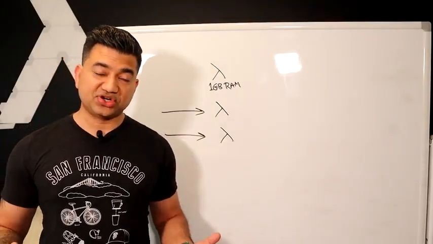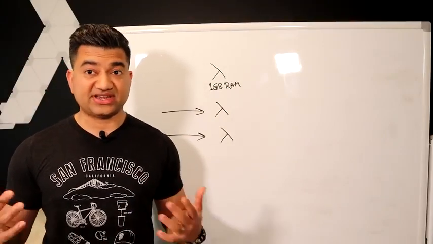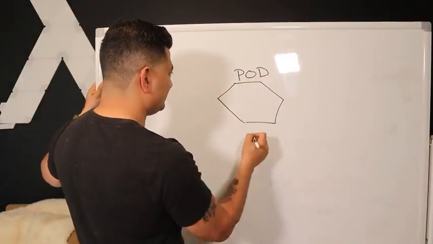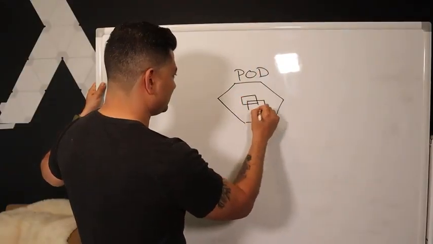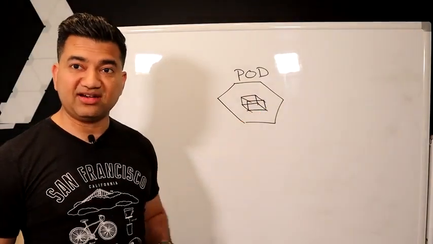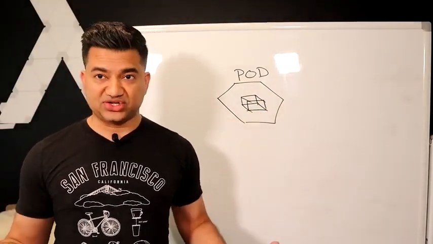Alright, so now that we understand how lambda scales, let's take a look at how containers scale. Let's talk about Kubernetes first. For Kubernetes, your container is running inside a pod. So let's say we have this pod and we have this container, and at the end of the day, this pod is running in an EC2 worker node.